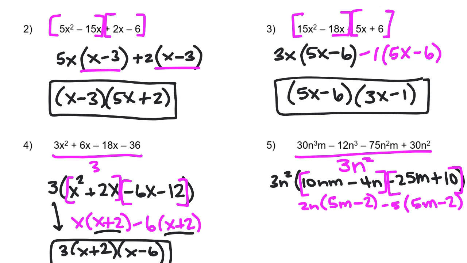So then our 5m minus 2 is our GCF for this next step. So I'm going to factor out 5m minus 2. Okay, if we factor that out, it cancels in both terms. So we still have a 2n minus 5 as our second factor. And we have that GCF from earlier, the 3n squared.